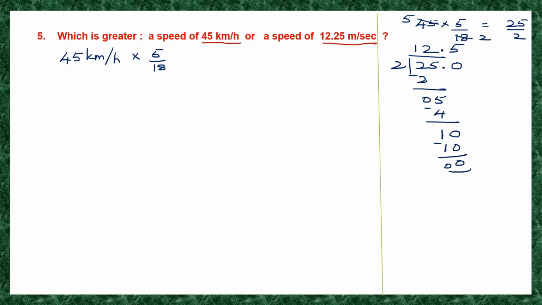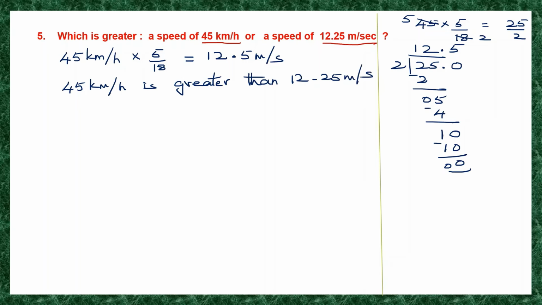So 45 kilometers per hour has now become 12.5 meter per second. And the other one is 12.25 meter per second. So we can clearly make out that 45 kilometers per hour is greater than 12.25 meter per second.